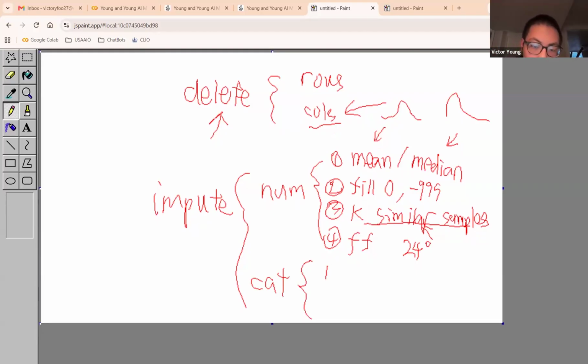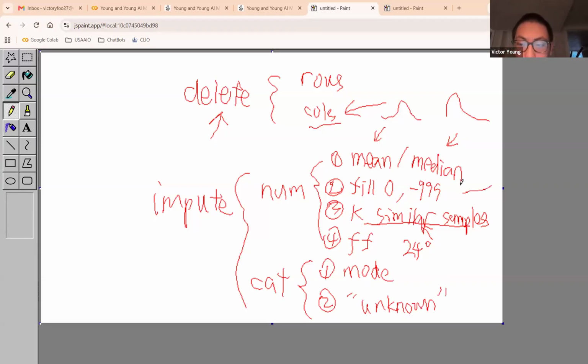Okay, and then for categorical variables, let's look at what we're going to do with them. There are basically two methods. The first is replace all missing with the mode, the most frequent. For example, for colors, the most frequent, let's say, is green. Then just replace all missing values with green. But that might lead to some bias, right? The second method is to replace it with another new category called unknown or missing.